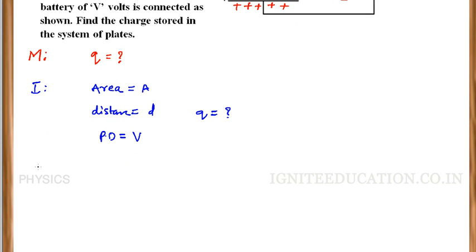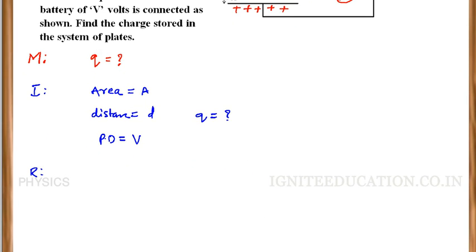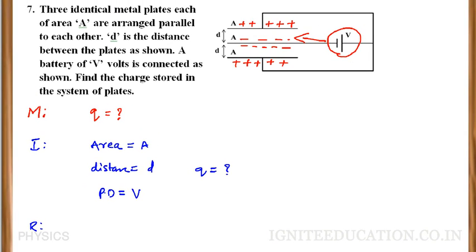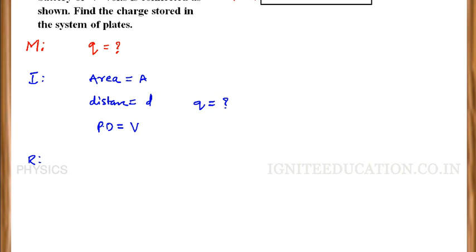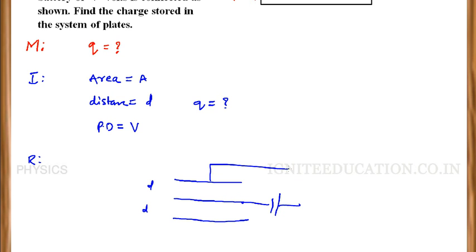Now I am resolving the problem as well as the circuit. If you see the circuit clearly, three plates are like this, each separated by a distance D and connected to a battery like this.